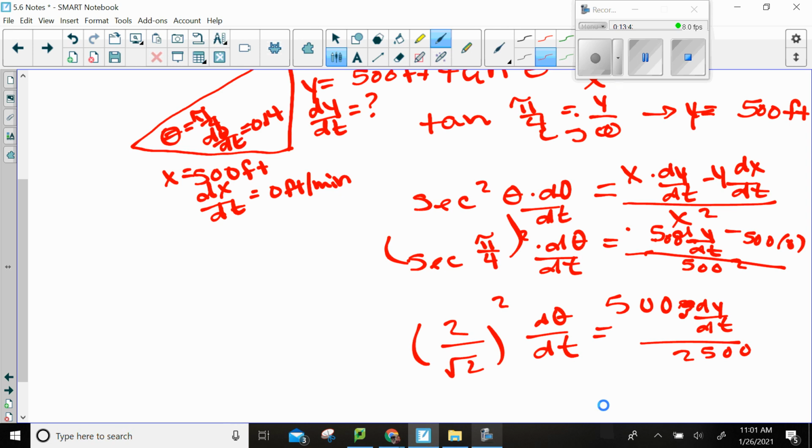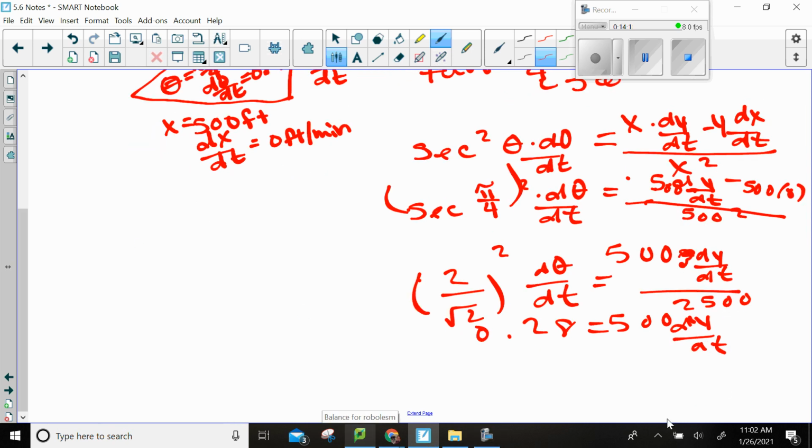I'm taking my trusty calculator here, and I have 2 divided by square root of 2, squared, and I'm multiplying by 0.14. So this whole side equals 0.28, all over 2,500.